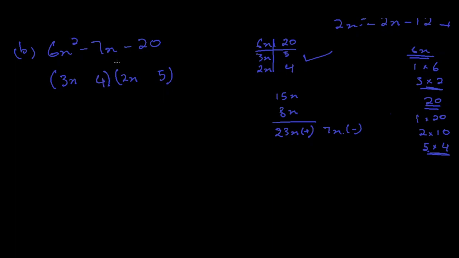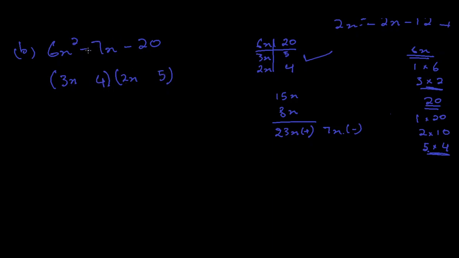It's almost like a shortcut, but you don't have to use it. You can simply play around with these numbers when you simplify and see if the answer you simplify here brings you back here or not. So here we place 3x, 2x, 4, and 5.